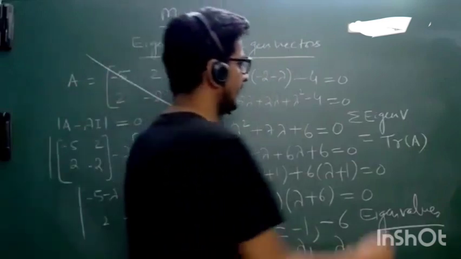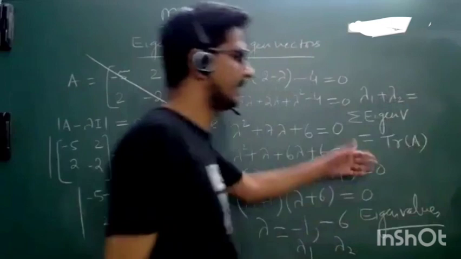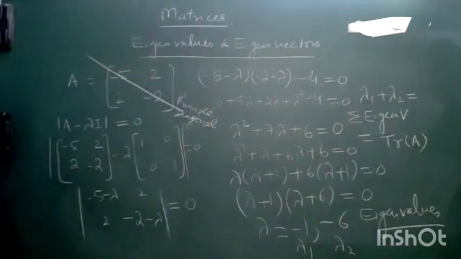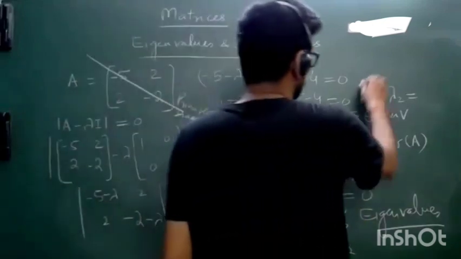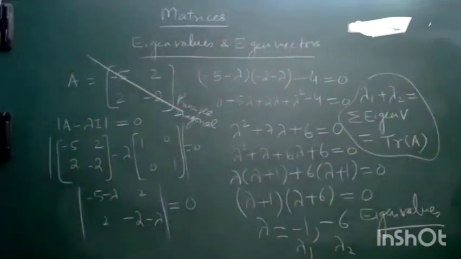So you will write that the sum of eigenvalues lambda 1 plus lambda 2, or if it is a 3 cross 3 matrix, lambda 1 plus lambda 2 plus lambda 3, will be equal to the trace of the matrix.